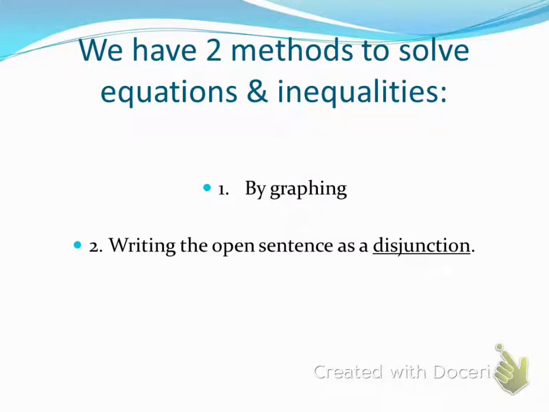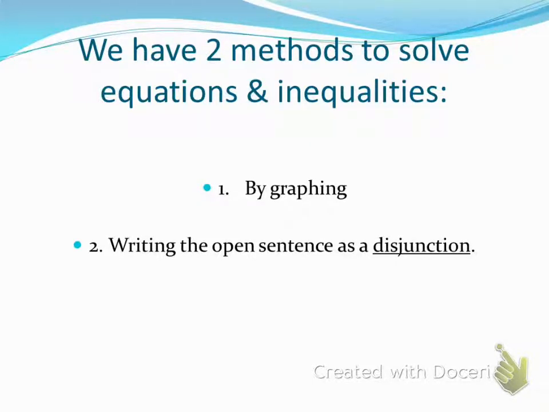We have two methods to solve equations and inequalities. One of them is by graphing. The other is by writing the open sentence as a disjunction, which I know that second one probably doesn't mean a whole lot to you yet, but I'll show you what they're talking about. Basically, it means we write one problem as two different problems.